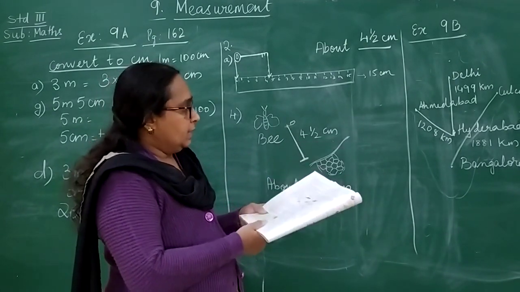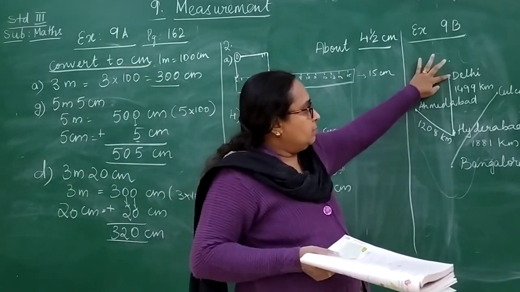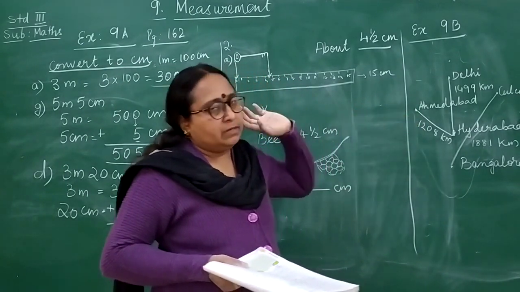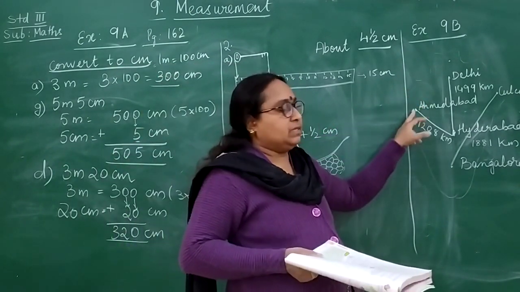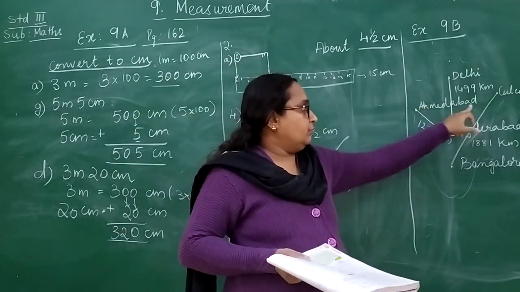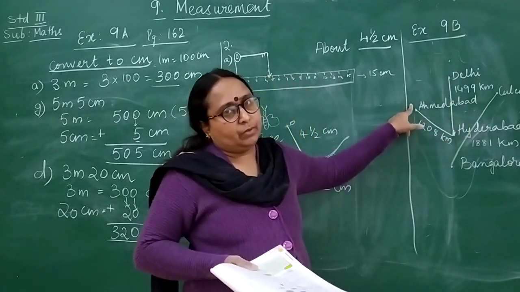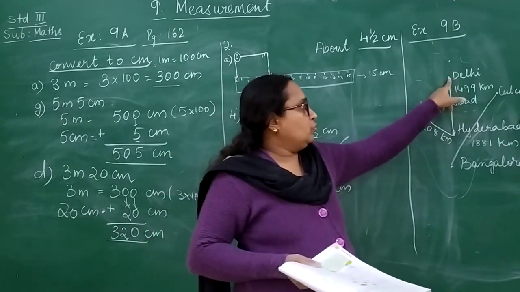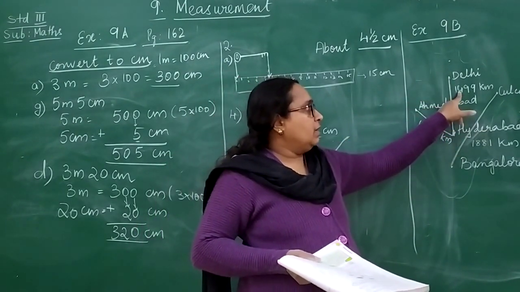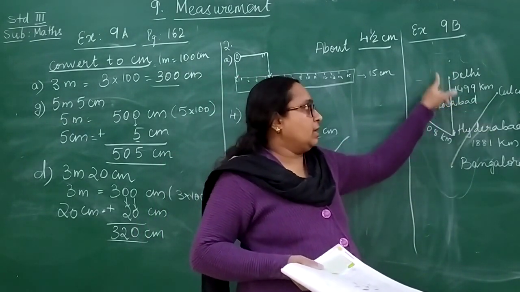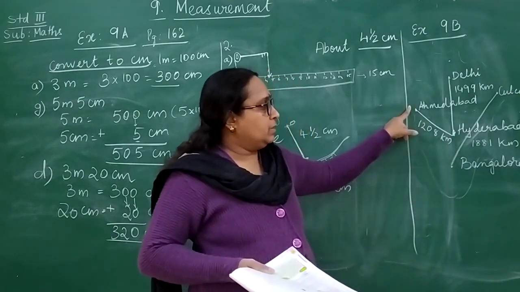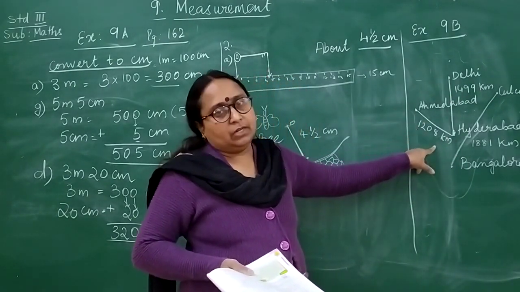Similarly, another one I'll say from Delhi to Ahmedabad. So there is no flight between Delhi and Ahmedabad straight. So you have to go first to Hyderabad, then you have to come back to Ahmedabad. So Delhi to Hyderabad is 1499 kilometer. Then from Hyderabad to Ahmedabad, it is 1208 kilometer.